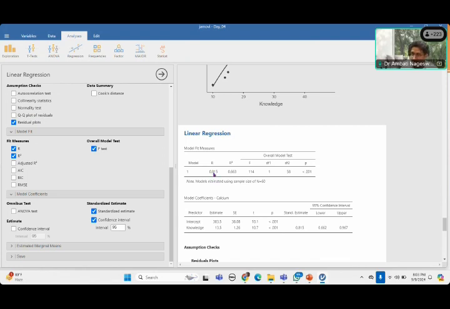You are going to write one line: there is a high positive correlation between knowledge test score and calcium intake. Second point, very important as part of the correlation test: as a researcher, I'm able to say that knowledge test score is influencing the calcium intake.